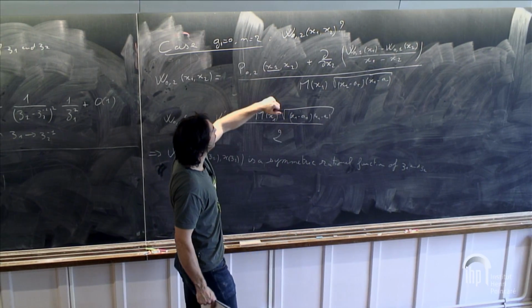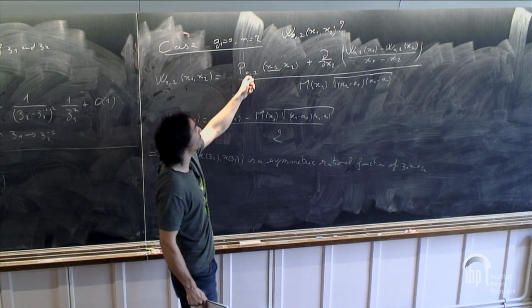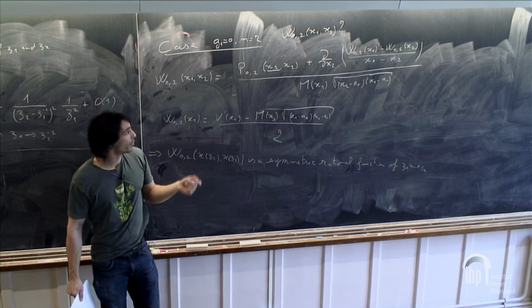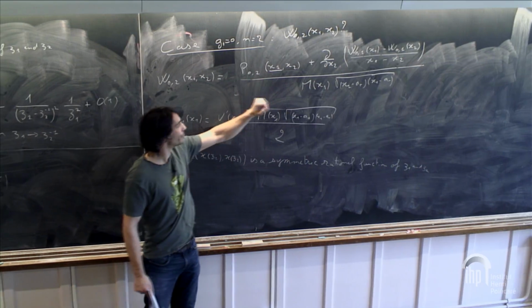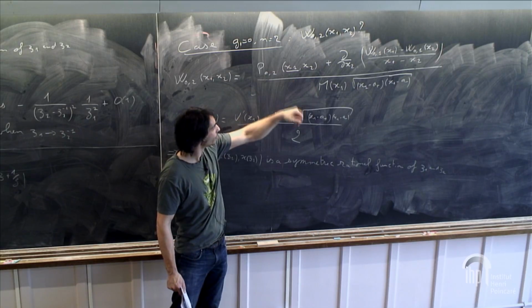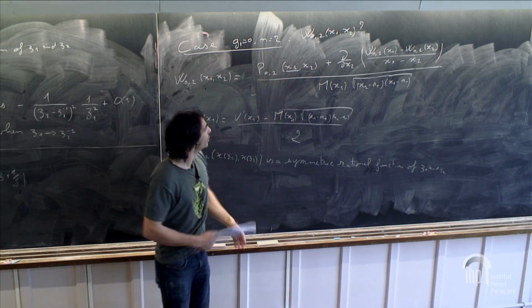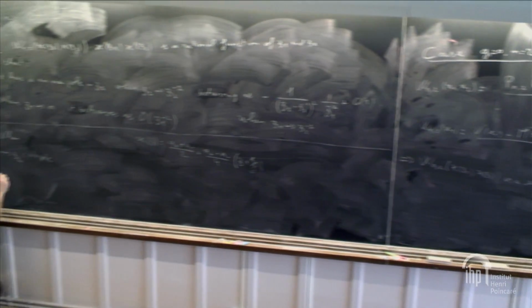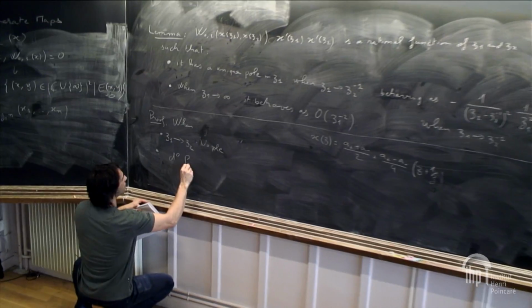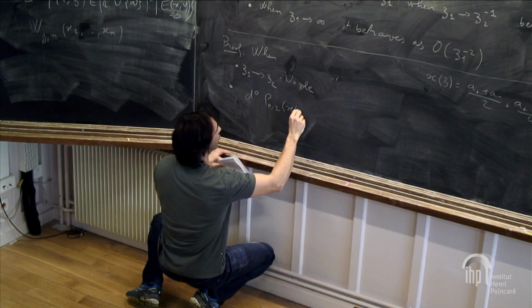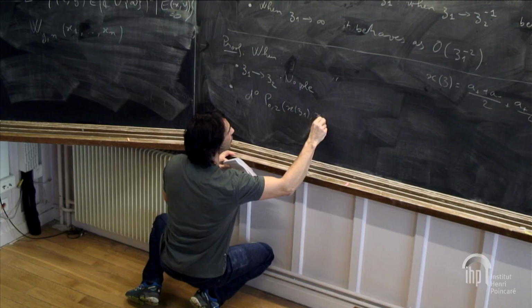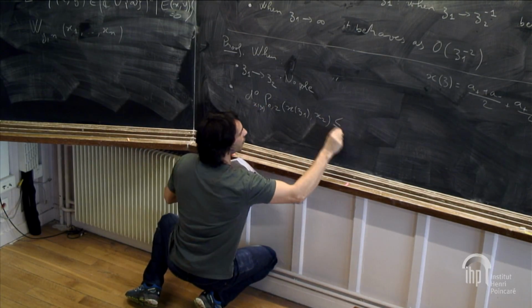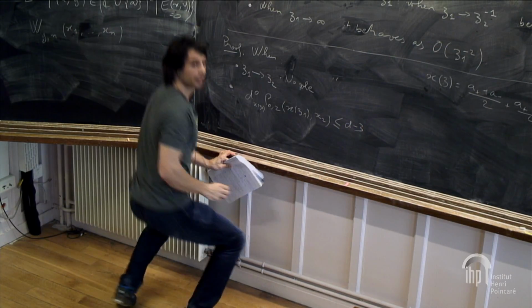Now, something might happen when x1 goes to infinity. Here I've got a polynomial. So I've got a polynomial that grows in x1. And when z1 goes to infinity, x of z1 grows like z1. So I could have a pole here. But remember, p02 as a function of x of z1 has degree at most d minus 3.